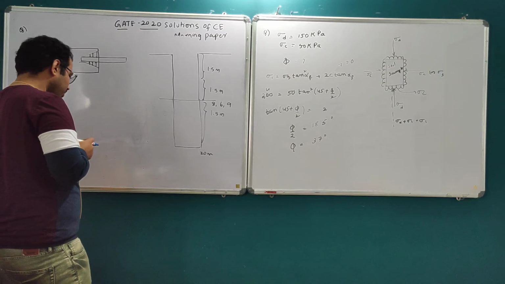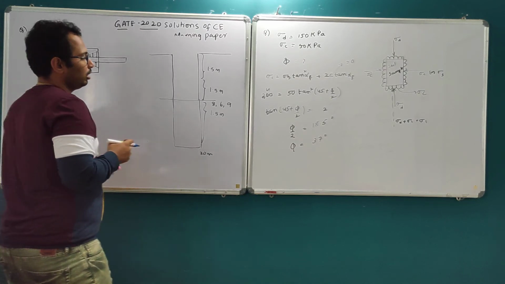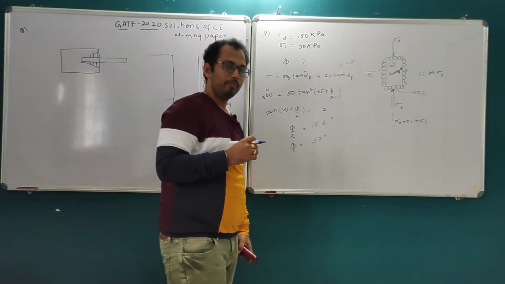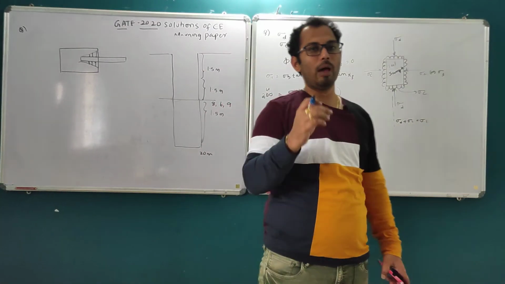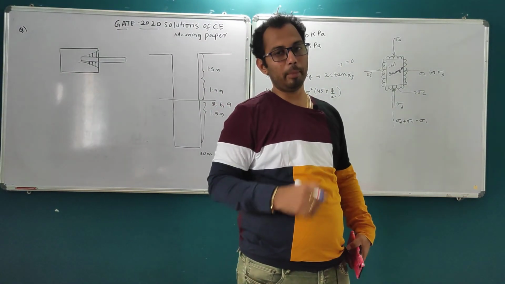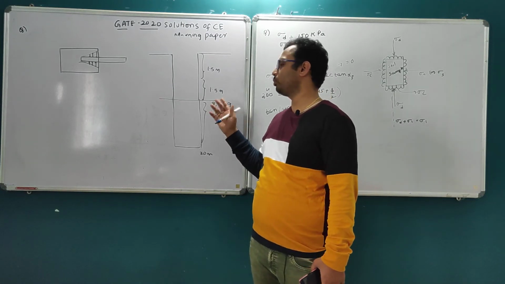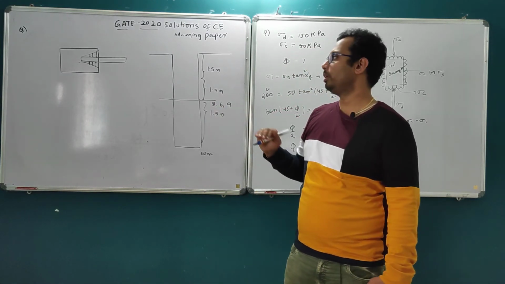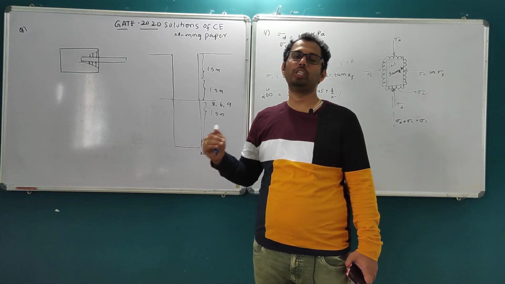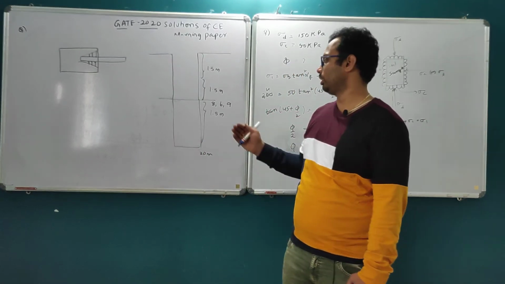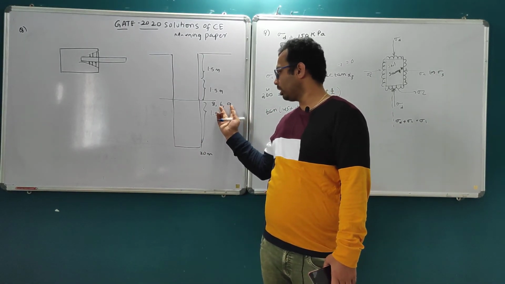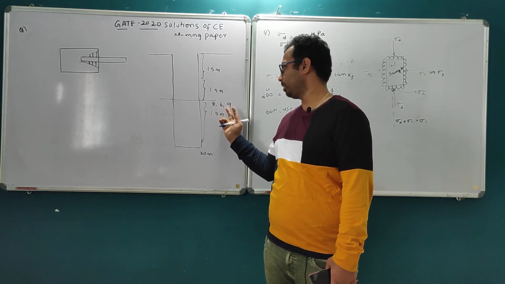Generally SPT is defined as the number of blows required for a penetration of 300 mm. Generally the first set of blows we neglect, so we take only the next 2 consecutive sets of data. This is 150, this is 150, this is 150.